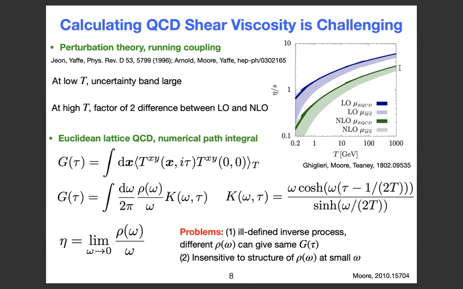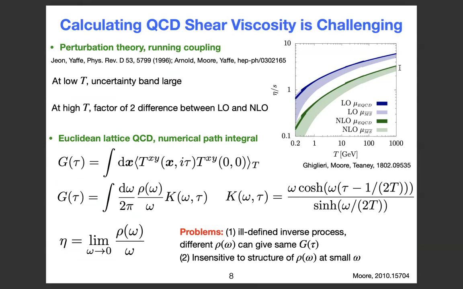And that may indicate that perturbation theory, even at 1 TeV temperature, is not working well. On the other hand, at very low temperatures, we have large uncertainty bands there. So that just indicates perturbation theory is not very reliable in accurately calculating the shear viscosity.